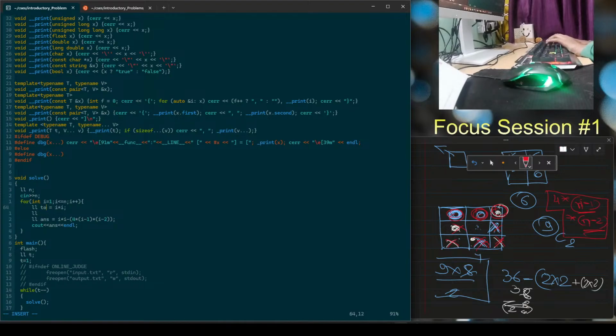All total positions are this, and not valid positions are this. So valid combinations can be total combinations minus not valid combinations, and I will output the valid combination.